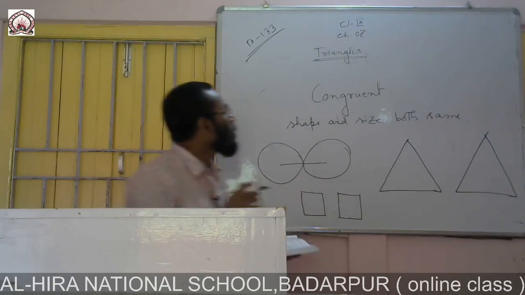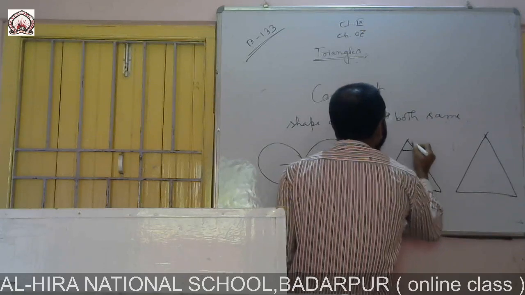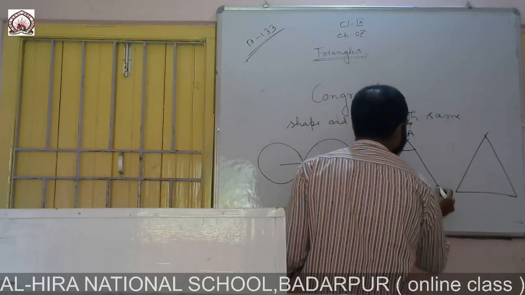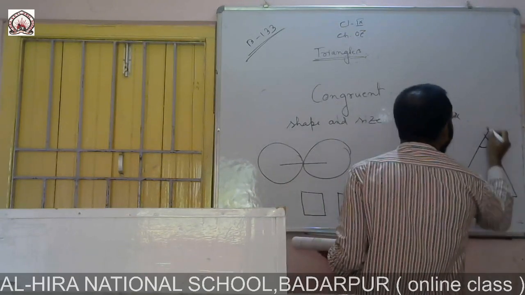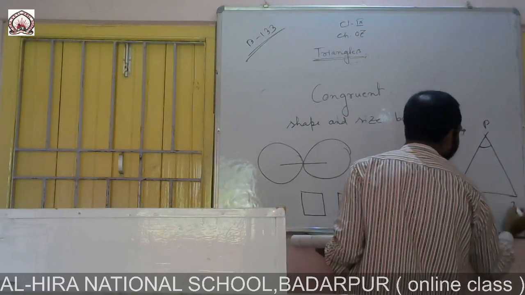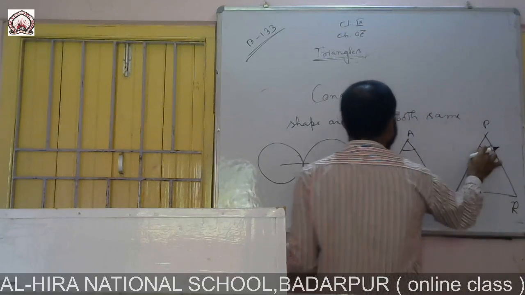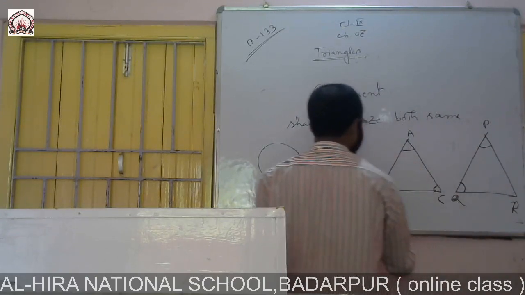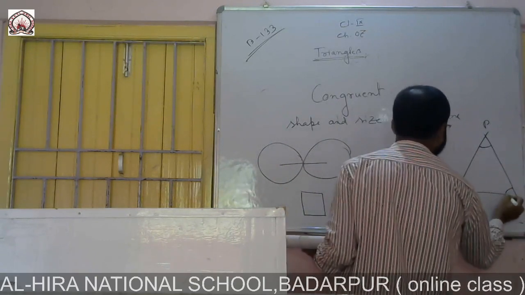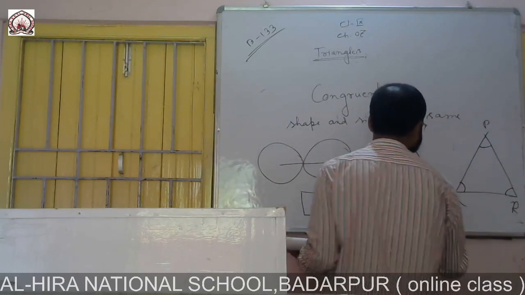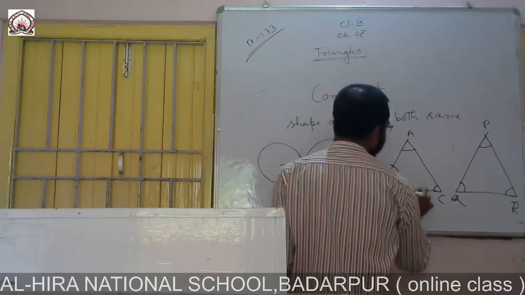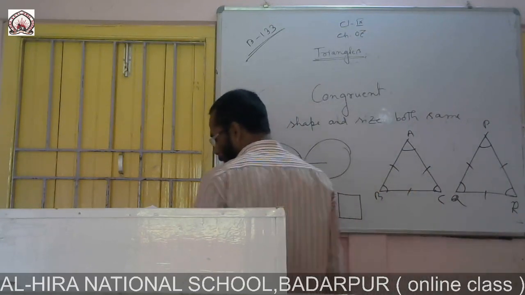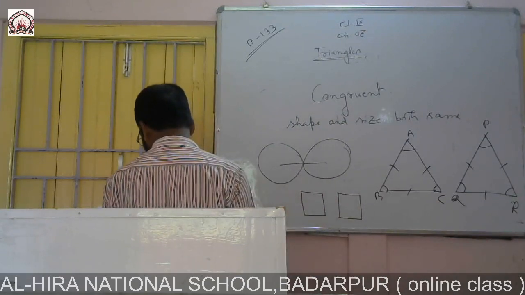Suppose this one is triangle A, B, C and this one is triangle P, Q, R. If angle P and angle A are the same, angle Q and angle B are the same, angle R and angle C are the same, and all three sides are the same, then we can say it is a congruent triangle.